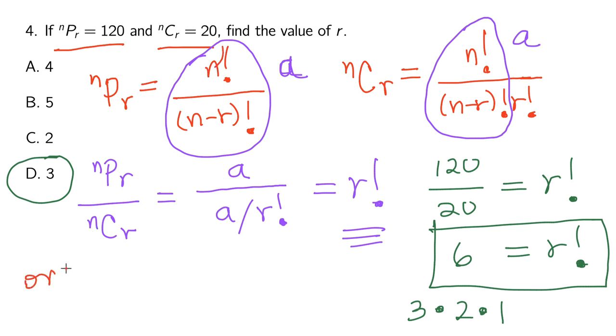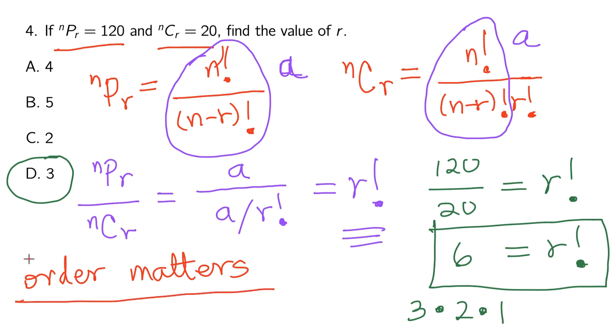So order matters. But in combinations, we don't care about order. So that's what gives us the relationship. And I don't want to go too deep into that in this video, but because order matters, there are more ways of counting than when order doesn't matter.